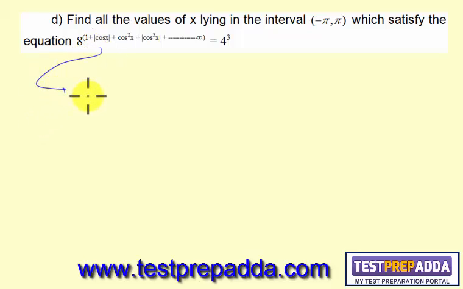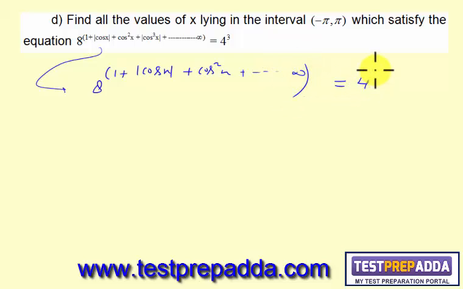Now the equation, if I copy, right hand side is 4 cube, that is actually 64. 64 I can write as 8 square.